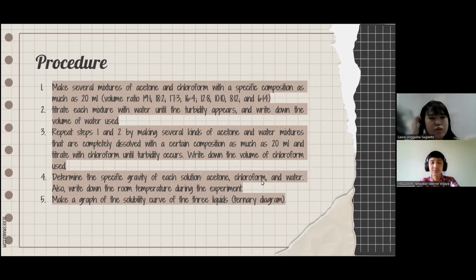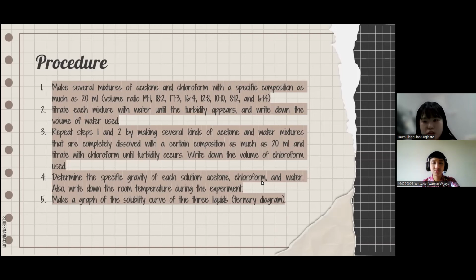After that, we will determine the specific gravity of each solution, which are acetone, chloroform, and water, using a pycnometer. A pycnometer by itself is a tool commonly used to find out the density of a substance. At first, the empty pycnometer is weighed and standardized using water to find out the actual volume of the pycnometer.